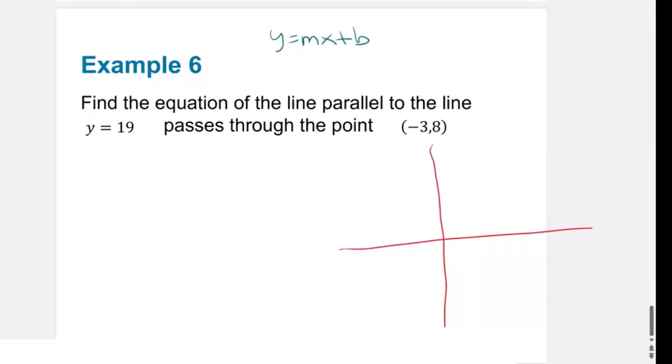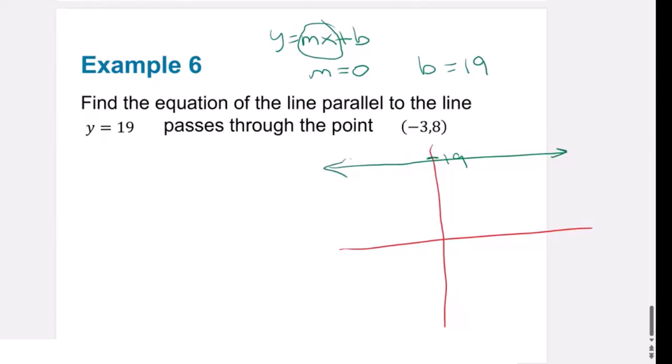I have this part is gone, isn't it? So that must mean my slope is equal to 0 and my y-intercept is equal to 19, right? So let's say this is 19. And that means I have a line with a slope of 0, which is horizontal. And so I need to find a line parallel to that.